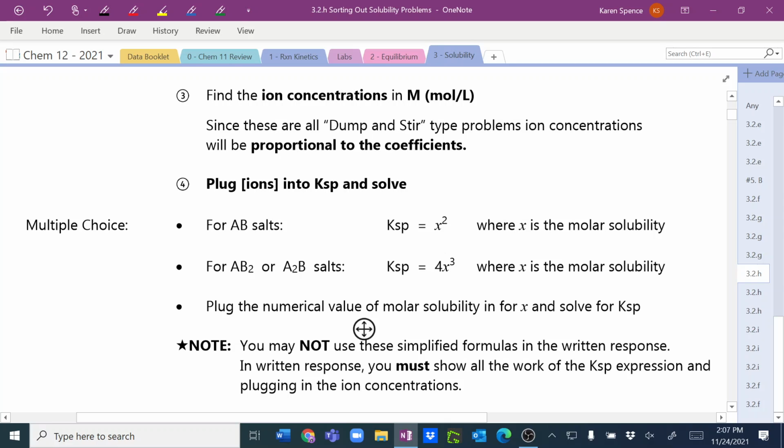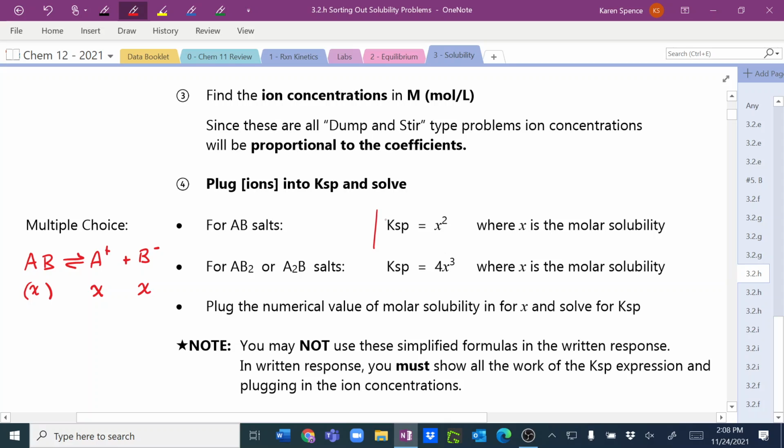But for multiple choice, I don't know if you guys have noticed, but for every salt that is an A-B type salt, that's a 1-to-1 ratio, if you let the solubility be X, then the concentration of A is X and the concentration of B is X. And the KSP is X times X, which is X squared.